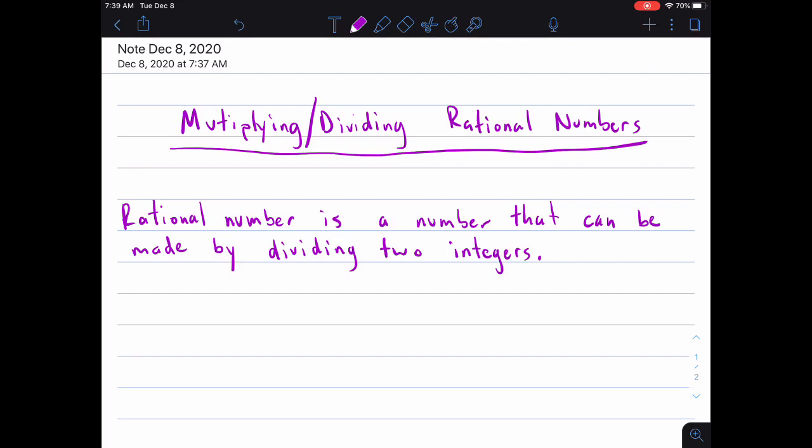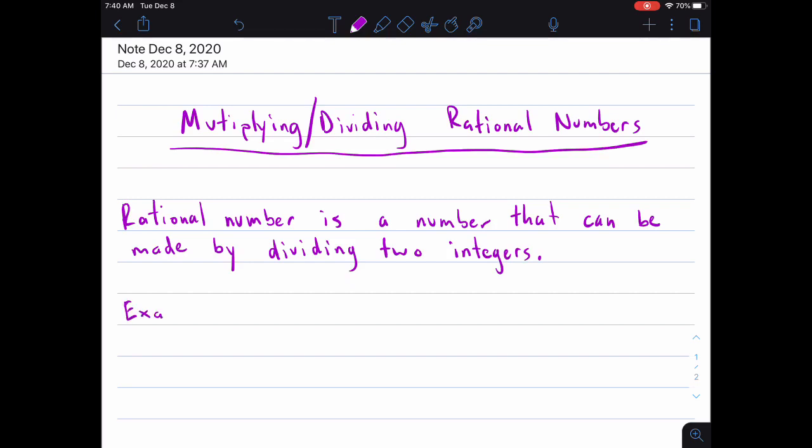A rational number is a number that can be made by dividing two integers. Un número racional es un número que puede ser dividido por dos números enteros, two integers.